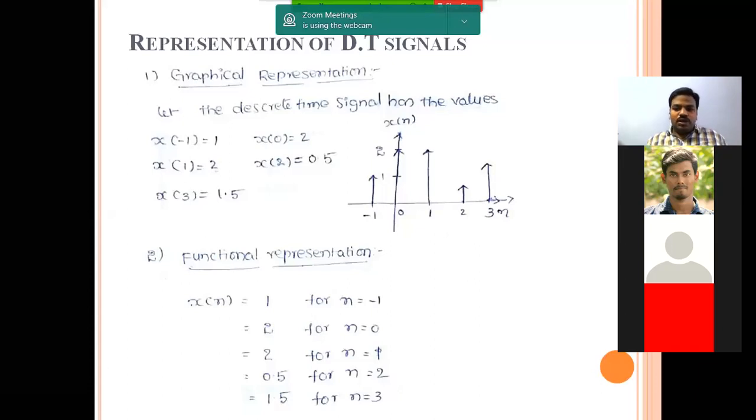Now we are going to see the important representation of the discrete time signals.